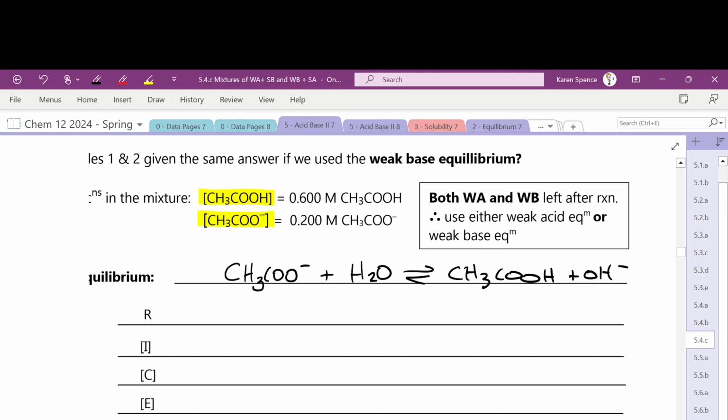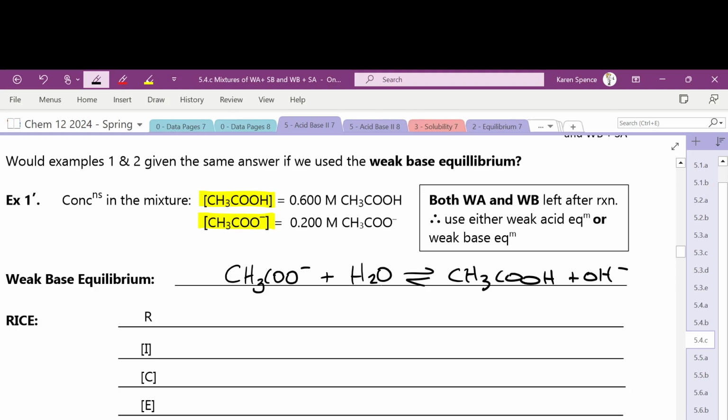Yeah, okay. Now, you could put in your RICE table, you would still have 0.333 molar, 0.333 molar. You would have 0 for the hydroxide. So which way would it shift? It would shift to the right, and you would end up with 0.333 minus x, 0.333 plus x, and OH is x.